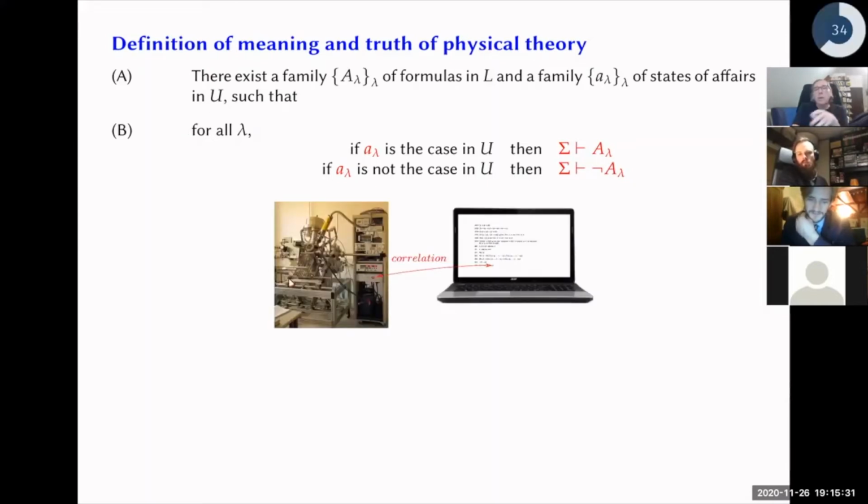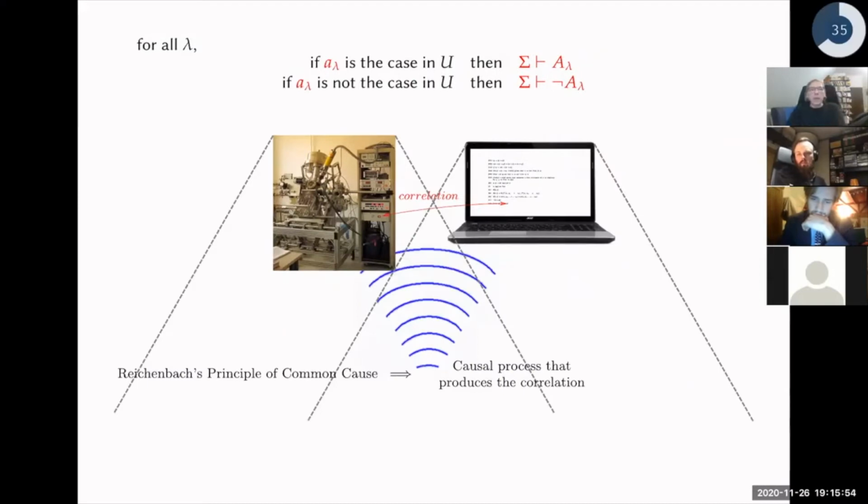Okay. Nice. That's what I wanted to draw on the whiteboard. So we have here this realm of perhaps observable physical facts, and we have the formal system here, and then this condition requires a correlation between the two. Now, Reichenbach's principle of common cause, I don't know whether you have heard about it.